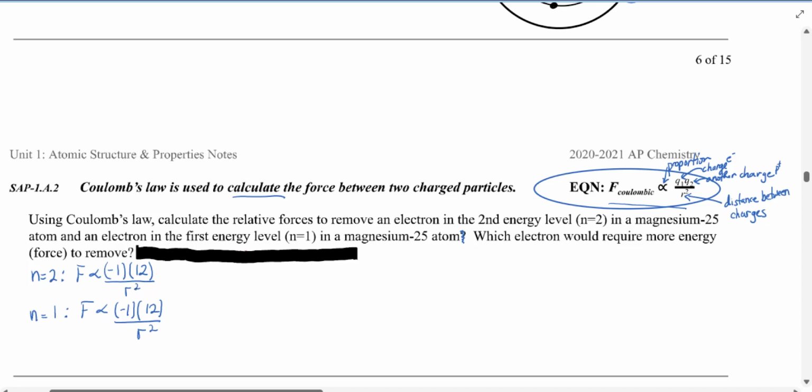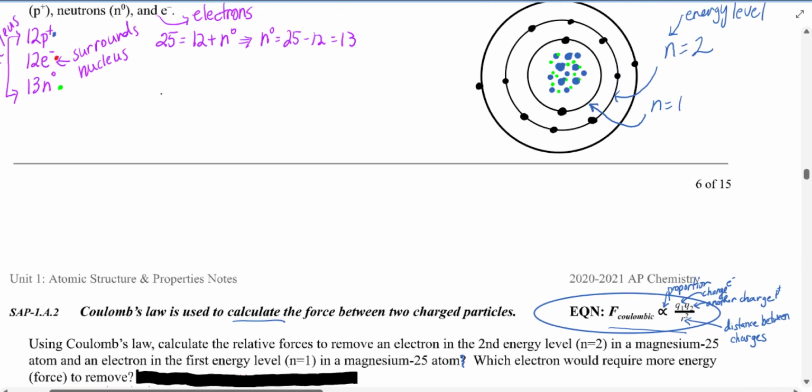Right now, we don't know what the distance is from this nucleus and that electron. We don't know what that distance is, nor do we know what this distance is from this electron to that nucleus. But what we can do is compare the two things.